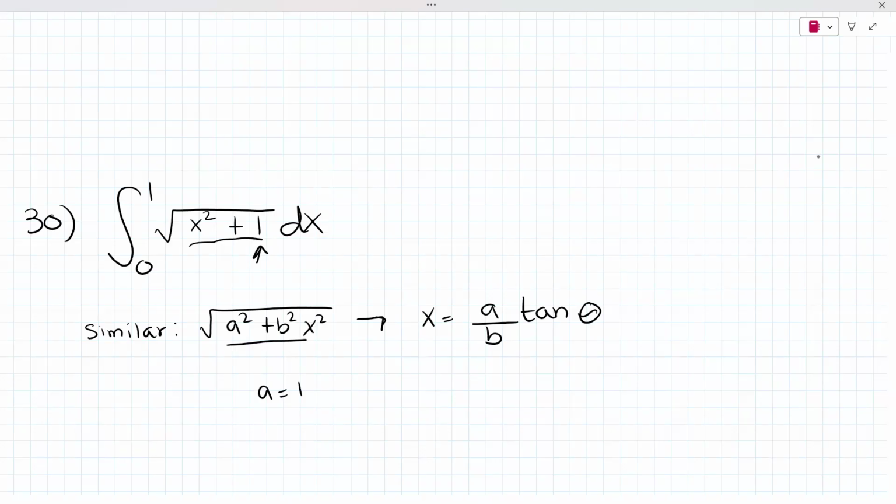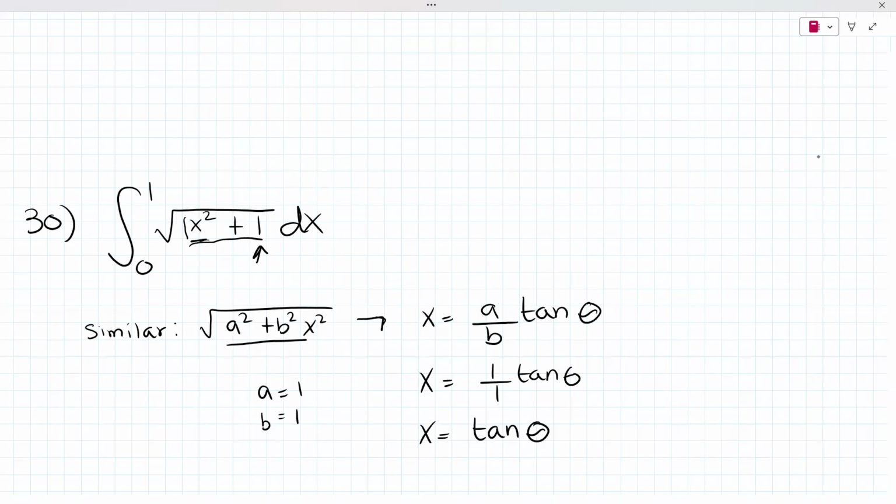And our b is related to this x squared, but our b is the number in front of the x squared. There's no number, that means there's an invisible 1. So my b is still also 1. So x is a over b, so 1 over 1 times tan theta. But really, it's just x equals tan theta.